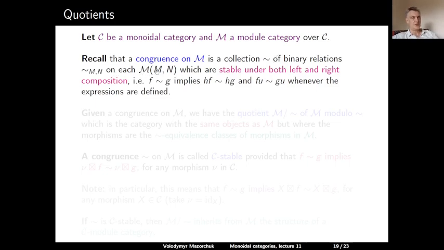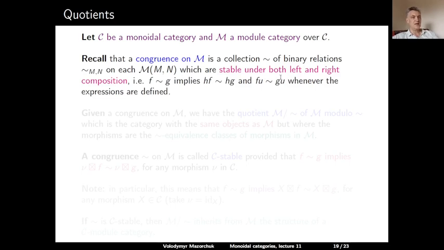For each object M and N, we have an equivalence relation sim M,N on the corresponding hom set. And this collection of equivalence relations should be stable under both left and right composition. In other words, if F is equivalent to G, then HF should be equivalent to HG for any H for which the expression makes sense, and FU should be equivalent to GU for any U for which the expression makes sense.